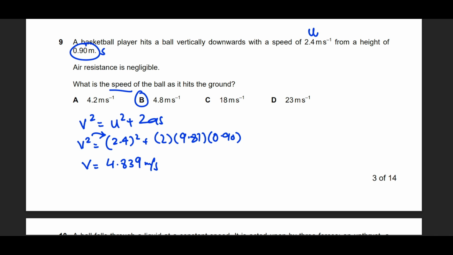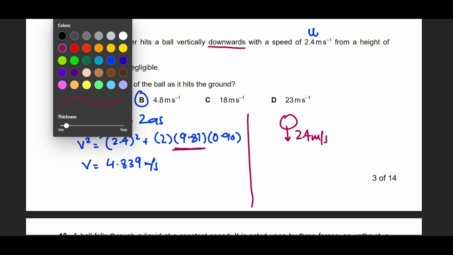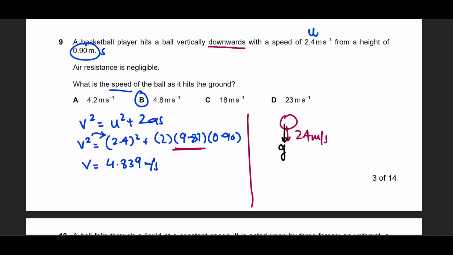Now, you might get confused about what to do with the value of gravity. You see, if the ball is already moving downwards, if it is already possessing a speed of 2.4 in the downwards direction, the gravity is also in the downwards direction. If it is in the downward direction, it is helping this velocity, right?